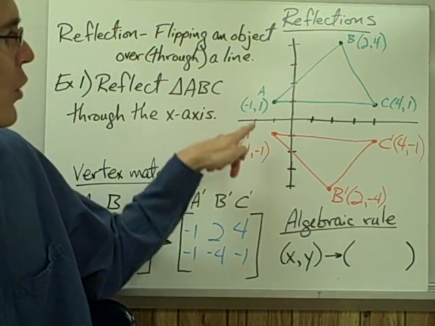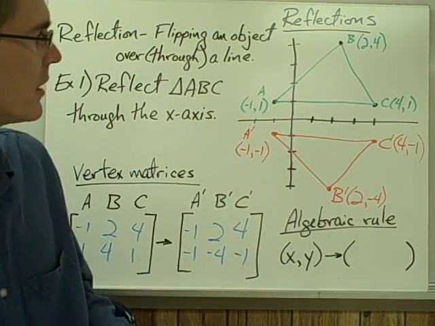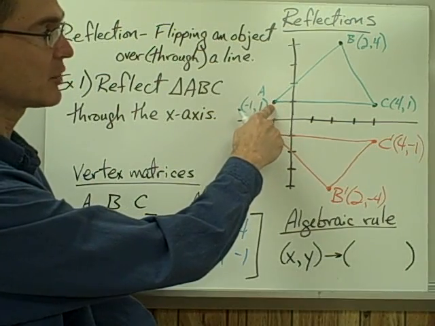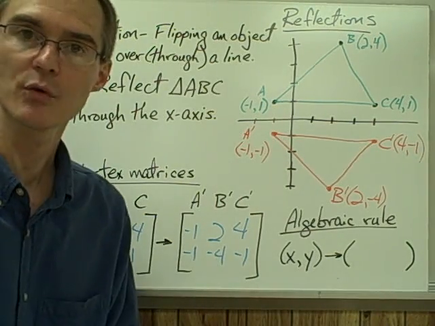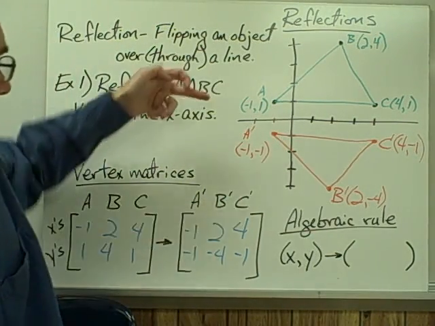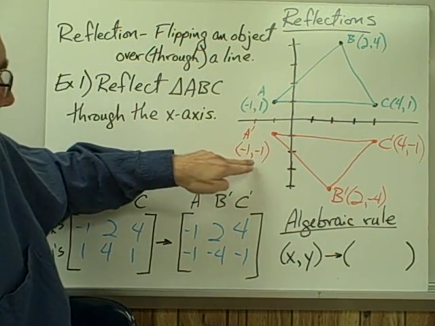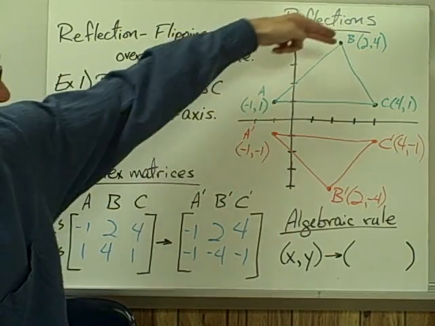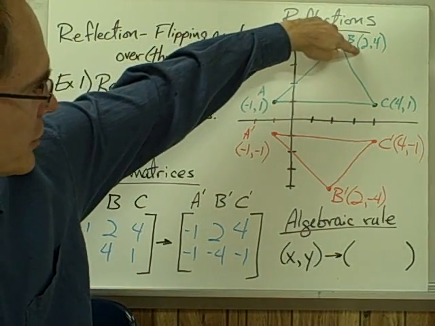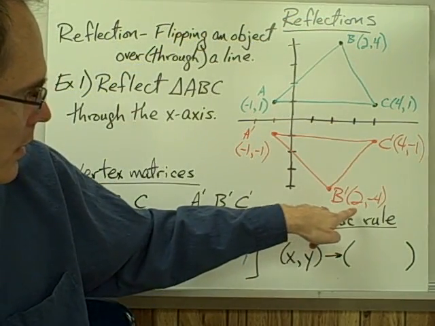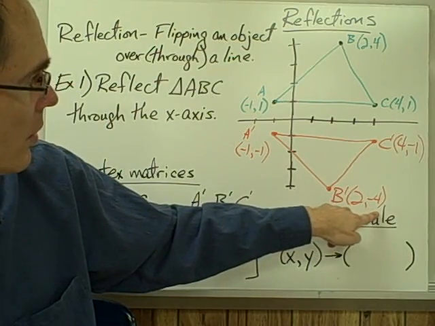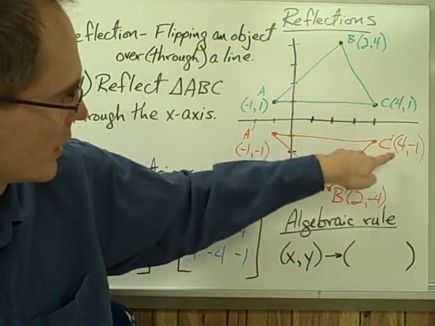What did I do to each one of my coordinates in order to transform the given coordinate into its transformed coordinate? So let's see. A started out as -1, 1, and it became -1, -1. B, I went from 2, 4 to 2, -4. And here I went from 4, 1 to 4, -1.